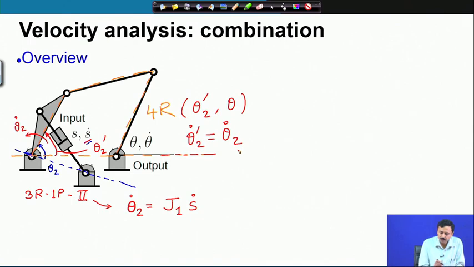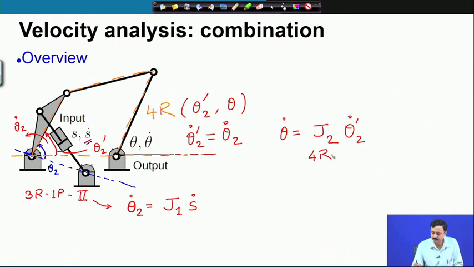Now, given theta 2 prime dot, finding out theta dot is the velocity relation for the 4R chain. So, that we already know. So, theta dot is equal to J2, which is for the 4R chain, times theta 2 prime dot.